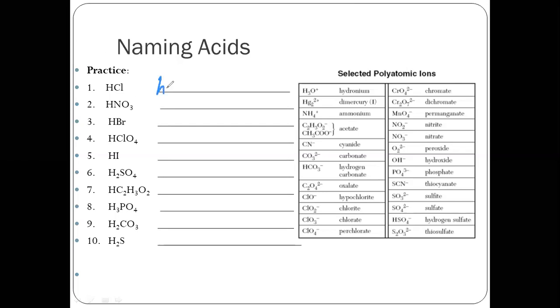Okay, so HCl, binary because there's 2. So hydrochloric acid. I'm going to do all the binaries first because they follow the same pattern. So hydro, bromic acid.